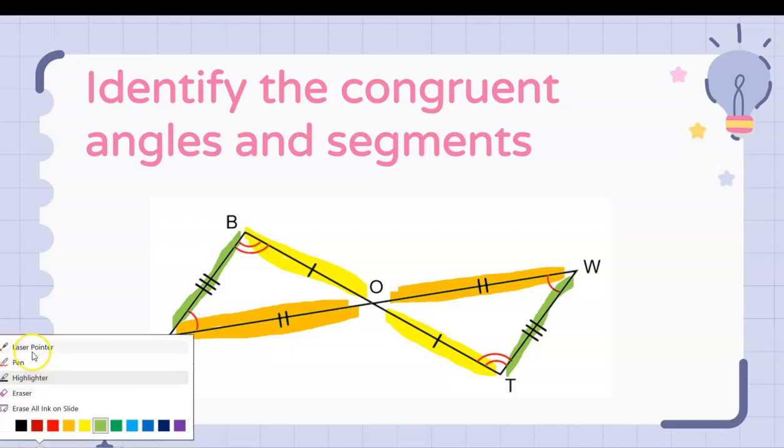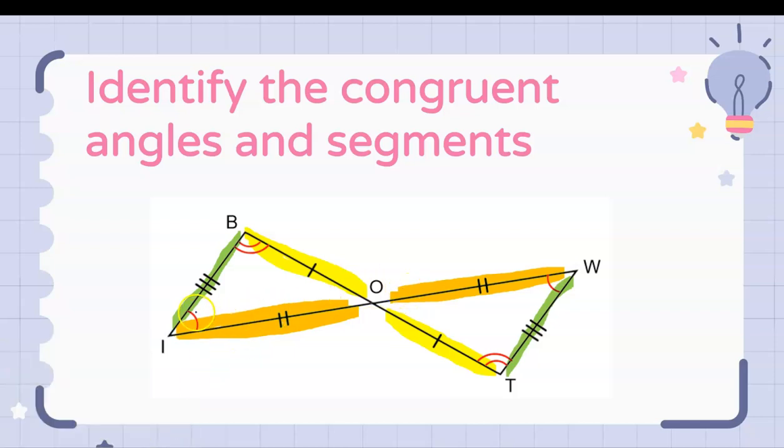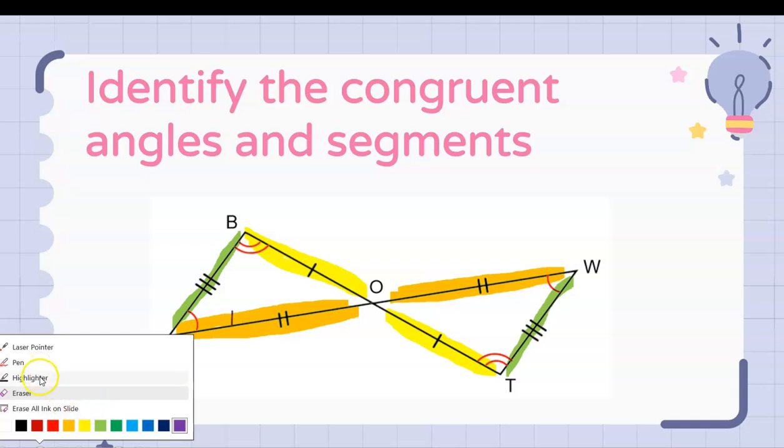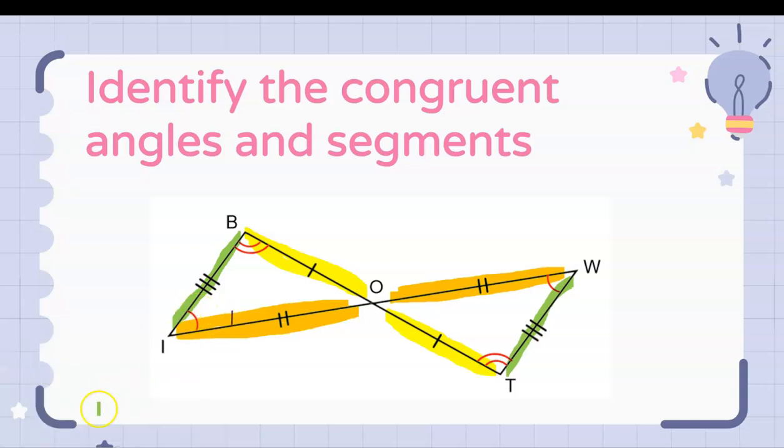And if we look at the angles, maybe I'll switch to a pen here. I can see this one has just one. Actually, I shouldn't do that because I don't want to cover it up. Let's use a highlighter instead. It's getting a little crowded in here, but we'll try our best. So let's try purple.